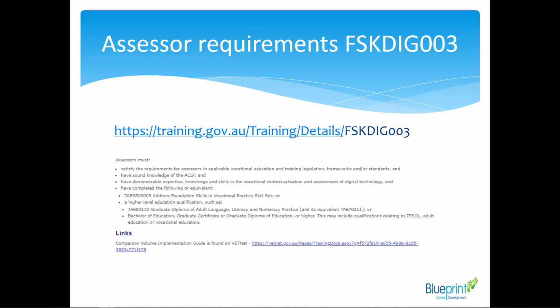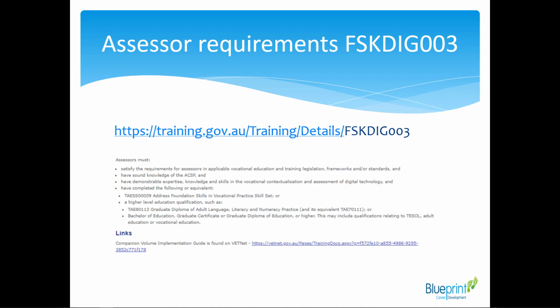Another example, for assessors working with students completing the new FSK units endorsed in December 2019 in the Foundation Skills Training Package, you must now hold at least TAE40116 and also have the skill set to address foundation skills in vocational practice, TAESS00009, or a higher level education qualification or equivalent.